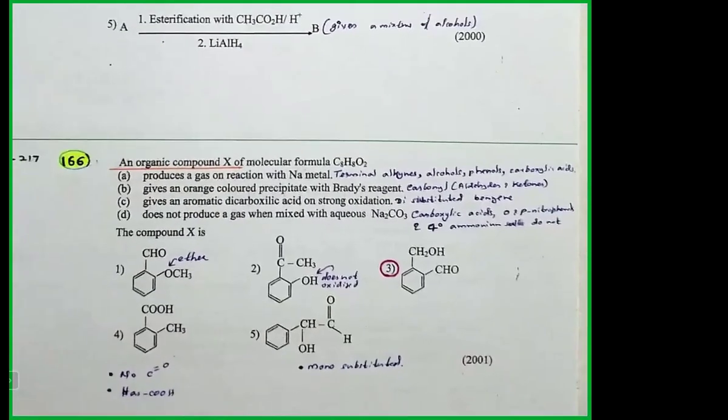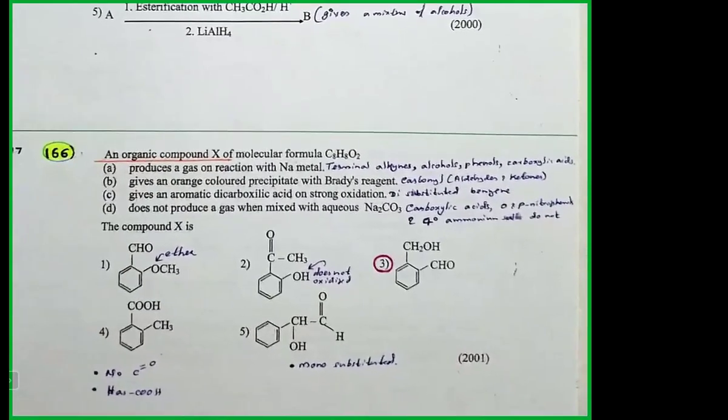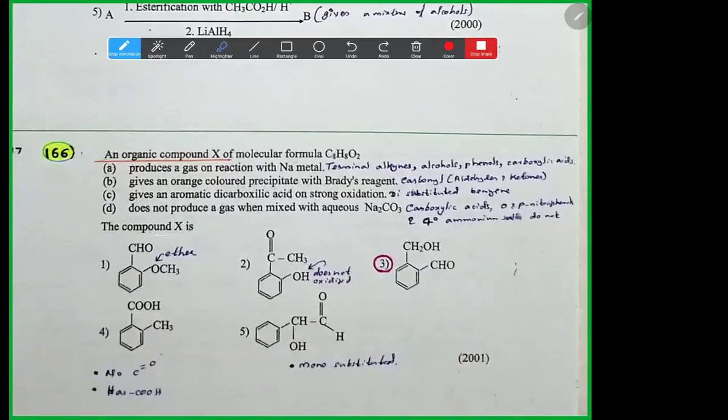166. An organic compound X, molecular formula C8H8O2, and they are showing all these with benzene rings. So this is supposed to have a benzene ring. Produces a gas on reacting with sodium. See, I have given all these reagents reacting with compounds: terminal alkyne, alcohols, phenols, carboxylic acids.